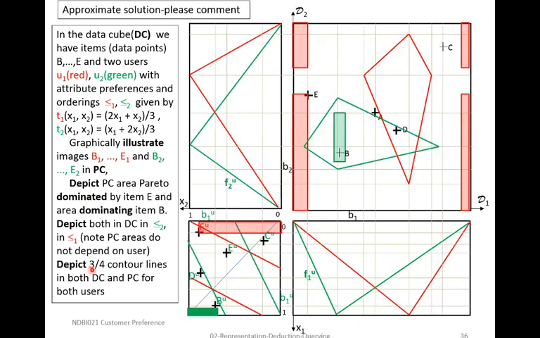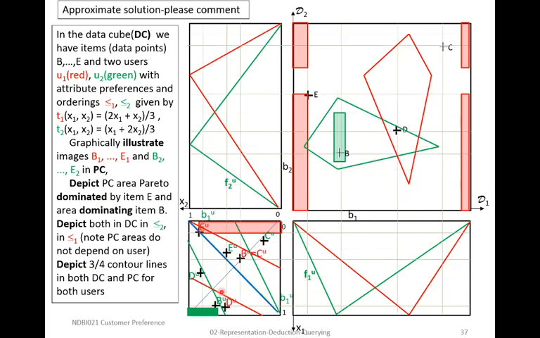Okay, and we discussed it several times, so now I won't go into details. And here are even a few more images, and here is also an average preference contour line.